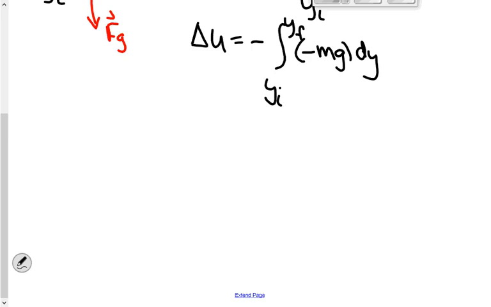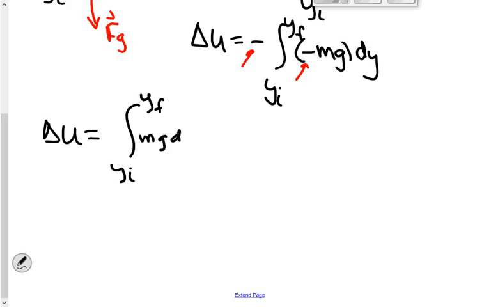So these two negative signs are going to cancel each other out, right? So I'm just going to have my integral from y initial to y final of mg dy.